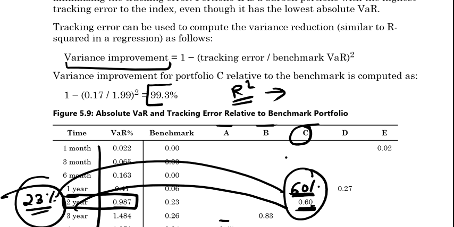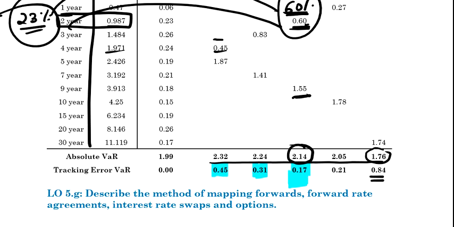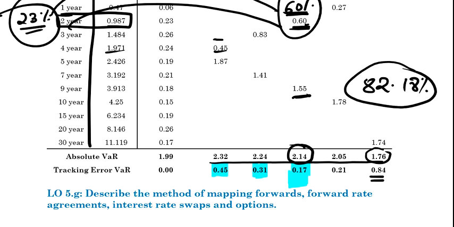The variance improvement is coming maximum for portfolio C and minimum for portfolio E. Clear? For portfolio E, it will be approximately 82.18%. This portfolio is showing only 82%, but portfolio C is showing more than 99% in relation to what our benchmark is showing.